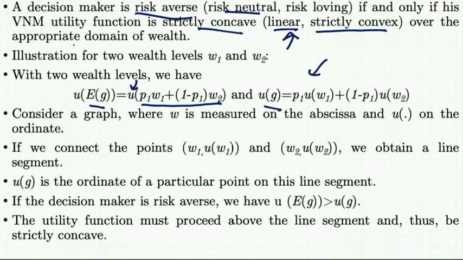So, when I put it in the form of a graph like I said earlier, we have the ordinate and we have the abscissa. Okay, so this is the abscissa, this is the ordinate.